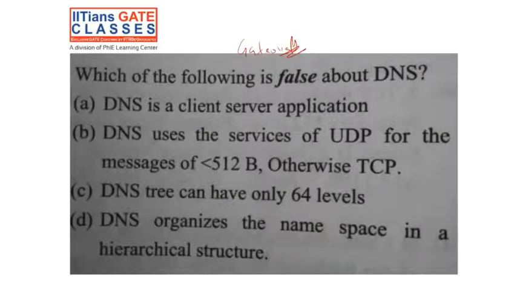Yes, answer is C, because DNS tree has 128 levels, not 64, right? Otherwise, if you see the remaining, DNS is client server. Yes, DNS client and DNS server is there. DNS uses the service of UDP for less than and otherwise TCP. Yes, we studied that part also. And last line, DNS organizes the namespace in a hierarchical structure. Yes, if we arrange, we reduce the searching time also with the hierarchical structure.